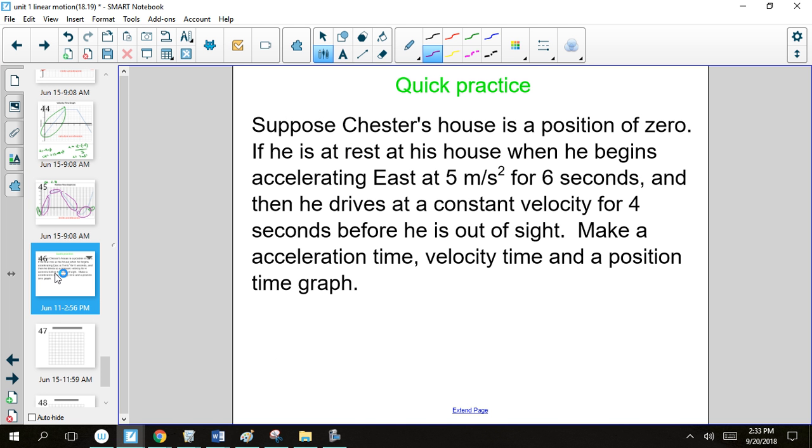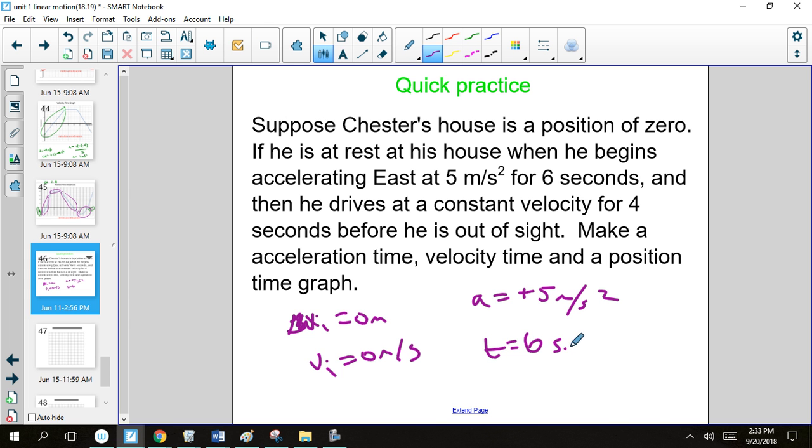Alright, so let's see where we are with a practice problem. So we have Chester. He's at his house at a position of 0. So xi equals 0 meters. He's at rest, so his velocity initial equals 0 meters per second. He begins accelerating east, so we have a positive acceleration of 5 meters per second squared for a time of 6 seconds.